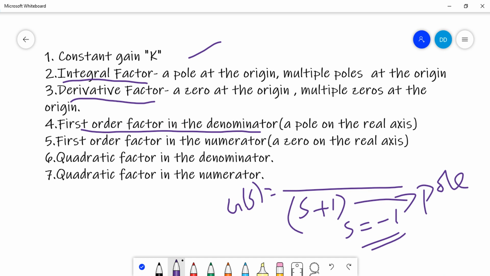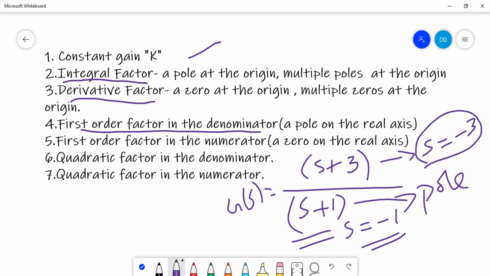So the first order factor in the denominator is a pole on the real axis. Similarly, for a first order factor in the numerator, say we have s plus 3, that means we have a zero at s equal to minus 3. So the first order factor in the numerator is a zero on the real axis.